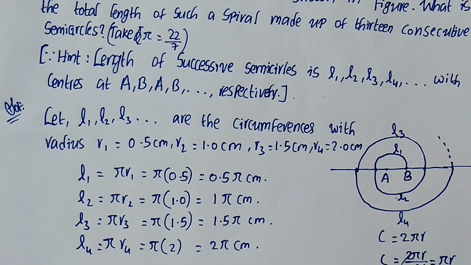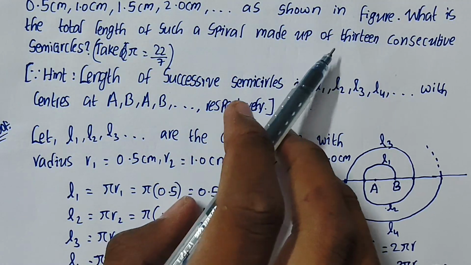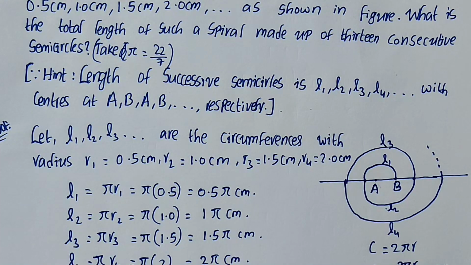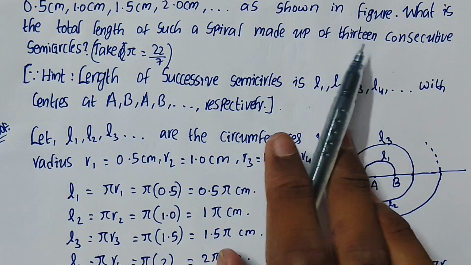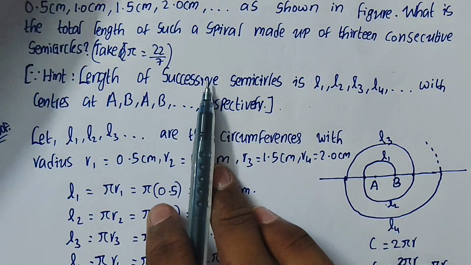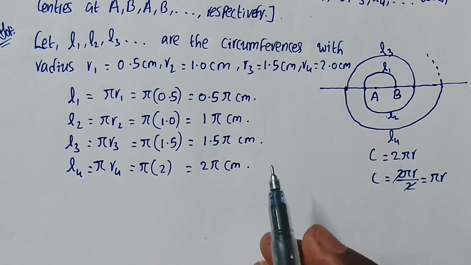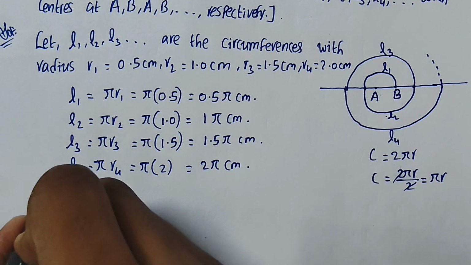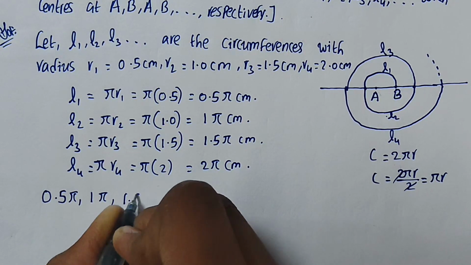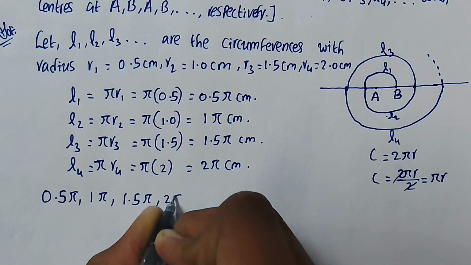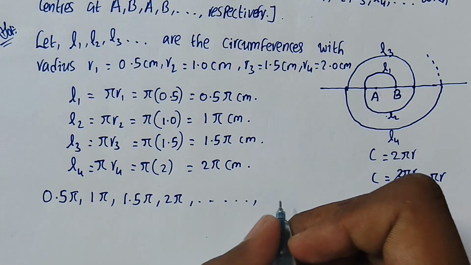So what he asked to find out is the total length of such a spiral made of 13 consecutive semicircles. So I am writing this in the form of AP. So 0.5 pi, 1 pi, 1.5 pi, 2 pi, and so on.